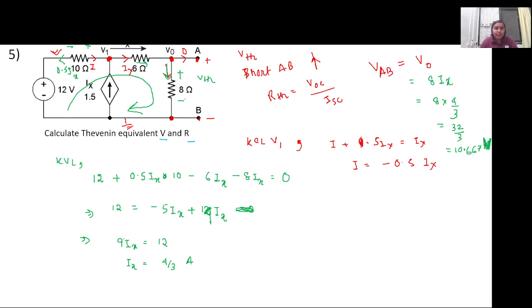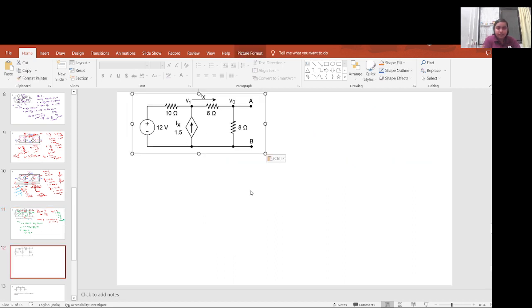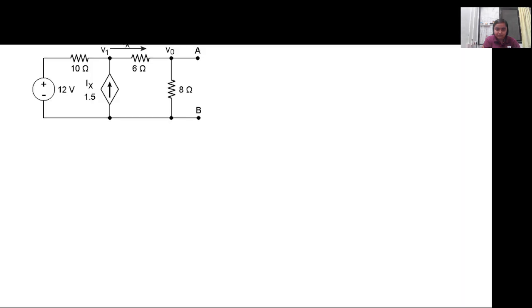Now we have to calculate the short circuit current. In order to calculate this, we will assume a current flowing through AB. What we will do is the dependent sources will be shorted.